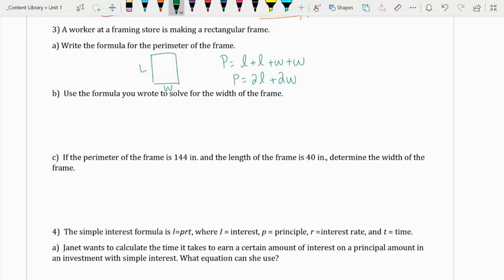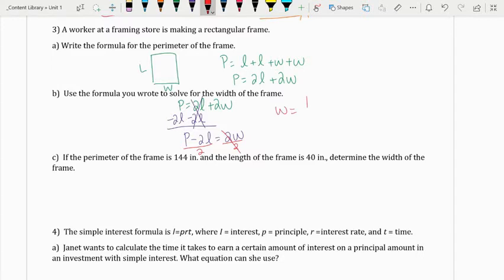It says use this formula to solve for the width of the frame. So we're solving for W. So if we have P equals 2L plus 2W, we would subtract 2L. And you have P minus 2L equals 2W. And then we would divide by 2 to both sides.